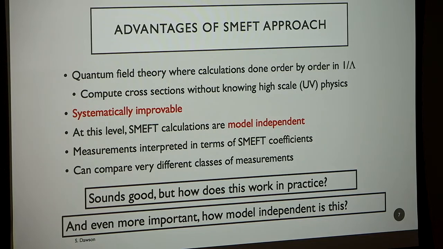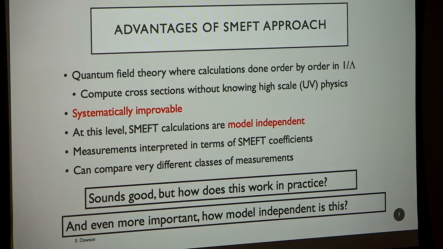So I can calculate the QCD corrections. I can compute the cross sections for some process without knowing what the high-scale ultraviolet physics is. All of the new physics is contained in these coefficient functions. I might not know what they are, but I can limit these coefficient functions.